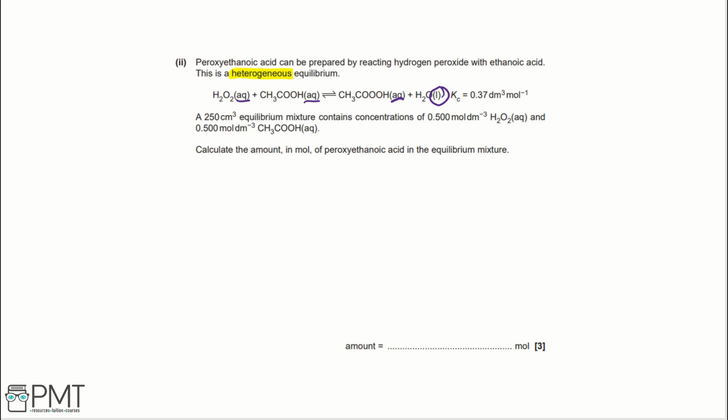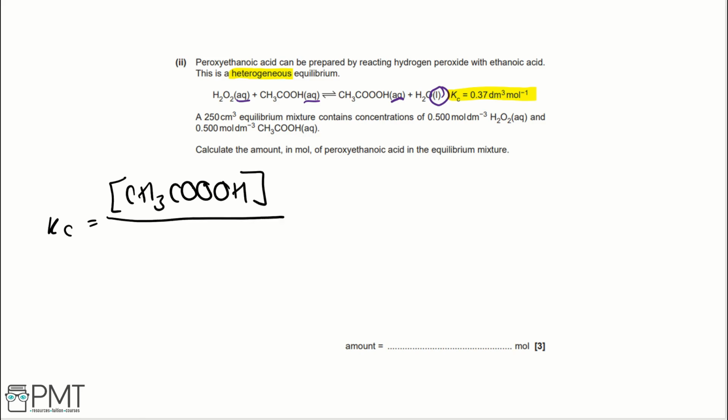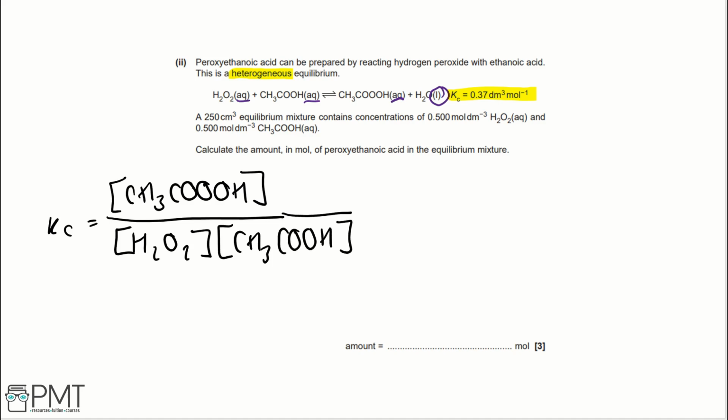When writing an expression for Kc, because we're given Kc here, we use the same states. So our expression for Kc would be peroxyethanoic acid, because we work backwards when writing an expression for Kc, over hydrogen peroxide multiplied by ethanoic acid. If we plug in values for this, the square brackets in Kc mean concentration, and we've got values for concentration.